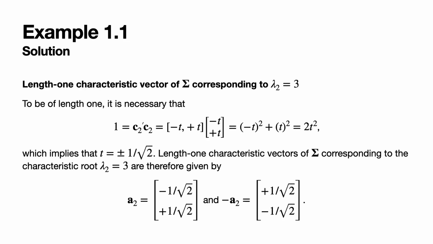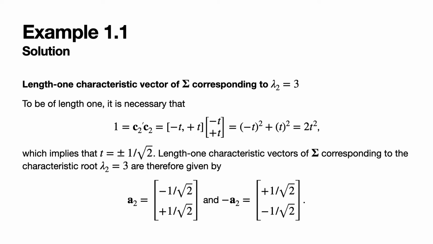Now we want a length 1 characteristic vector of cap sigma corresponding to lambda 2 equal to 3. Again, to be of length 1, it's necessary that C2 prime C2, the inner product of C2, which is equal to the squared length of C2, be equal to 1.